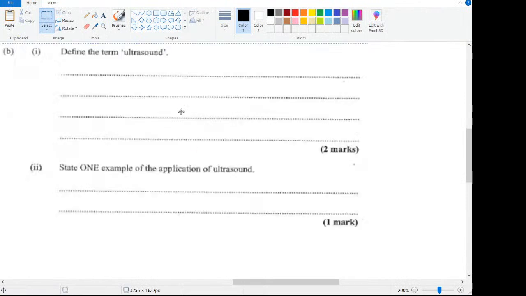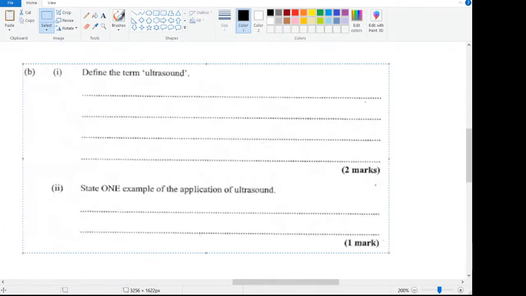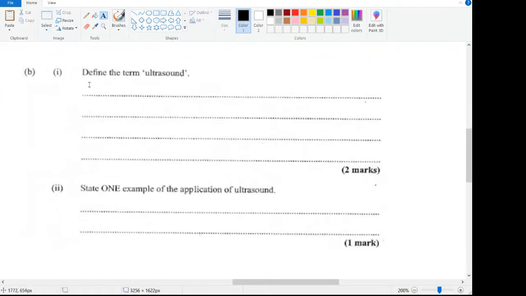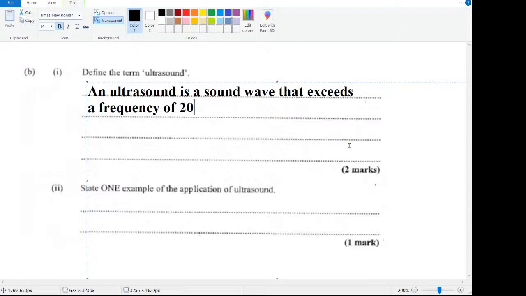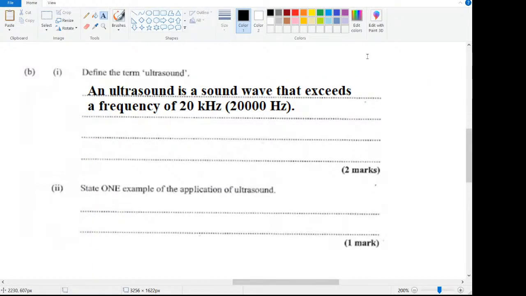Define the term ultrasound. Well, ultrasound is a sound wave that exceeds a frequency of 20 kilohertz or 20,000 hertz. Basically, humans can't hear it. It exceeds the normal audible range for a human.